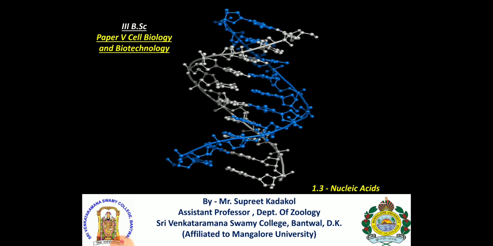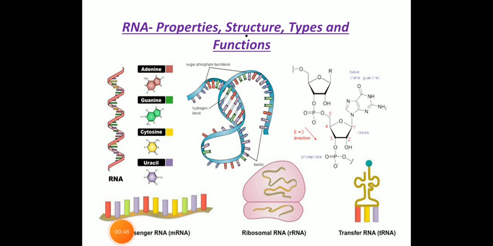So now let's begin with what is RNA, and its properties, function, and types and their functions. We are all aware of RNA. It is also a type of genetic material, a nucleic acid, which is single stranded when compared to DNA.